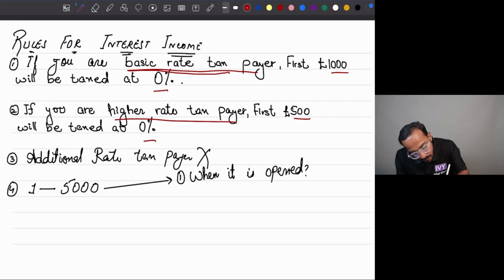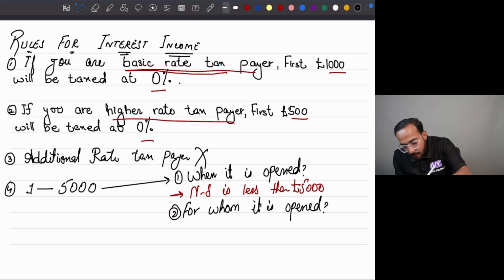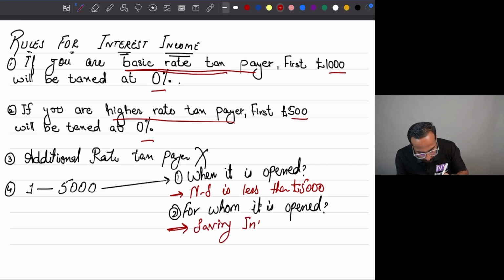Answer: when non-saving income is less than 5,000 pounds. For whom is it open? For saving income. The last question: how to use it?